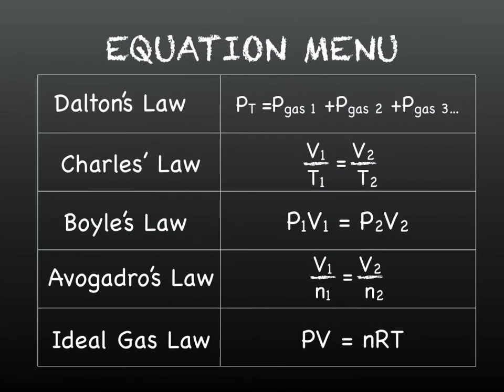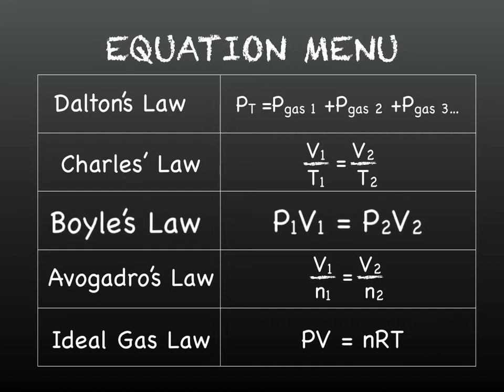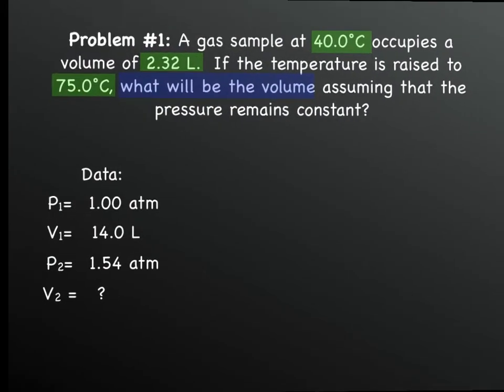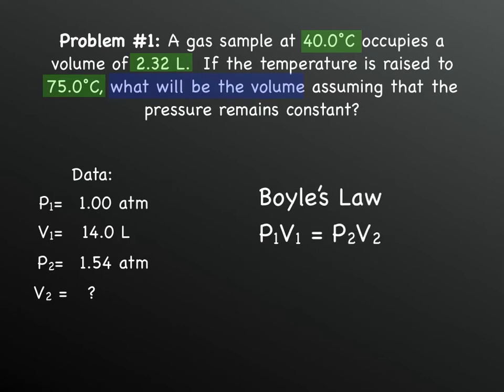Find one that has P1, V1, P2, V2. Yes, that is correct. It's Boyle's law. Go ahead and carry that equation over to your problem and copy it down. Once again, this will be problem 2. Allow yourself some room at the bottom because for the next video, we'll come in and actually solve the problem.